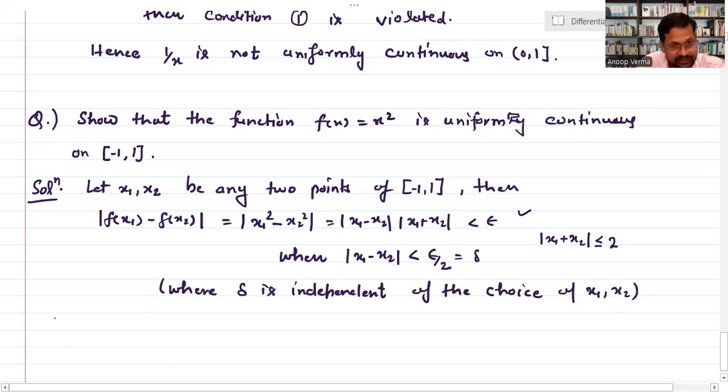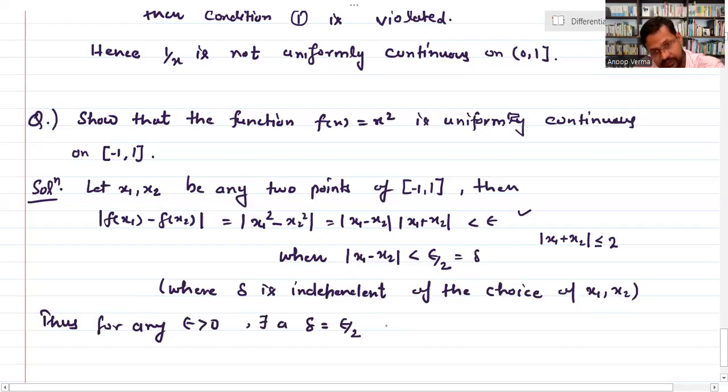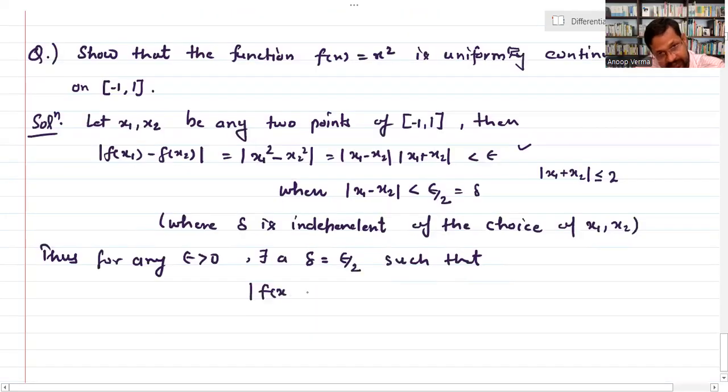Okay, so thus we can say for any epsilon positive, there exists delta which is equal to epsilon by 2, such that this UC condition will be fulfilled: mod of f of x1 minus f of x2 is less than epsilon, when mod of x1 minus x2 is less than 1 by 2 of epsilon, which is delta.